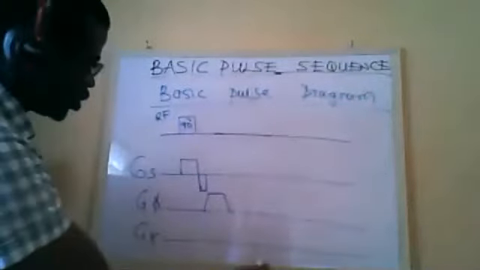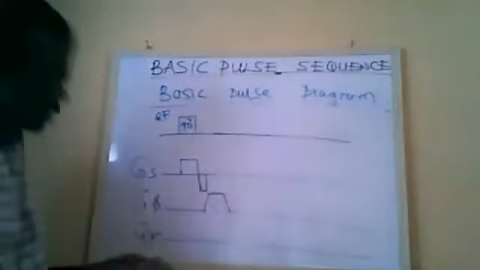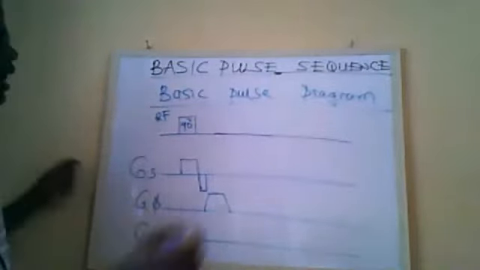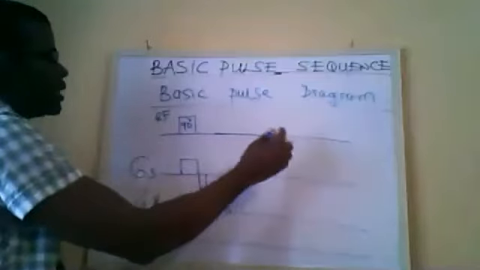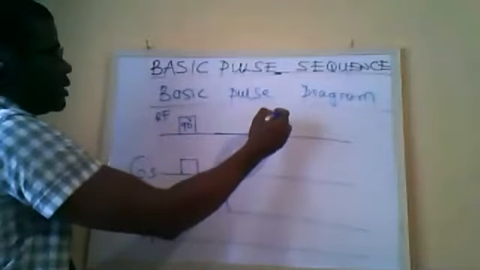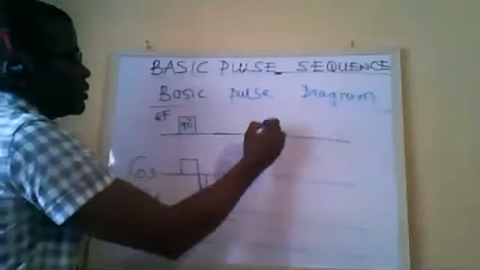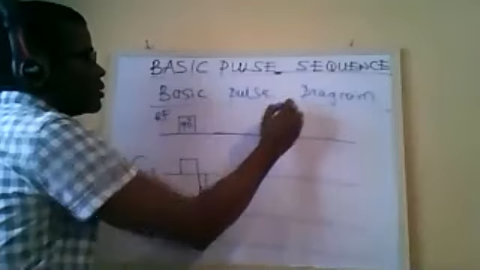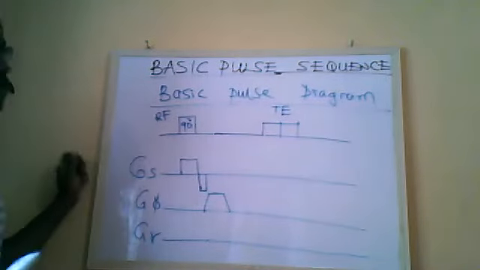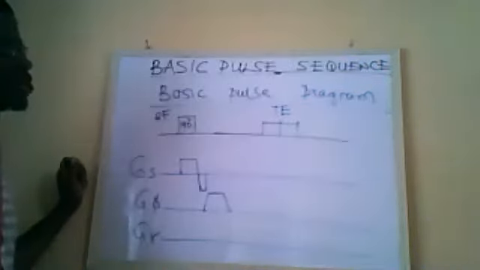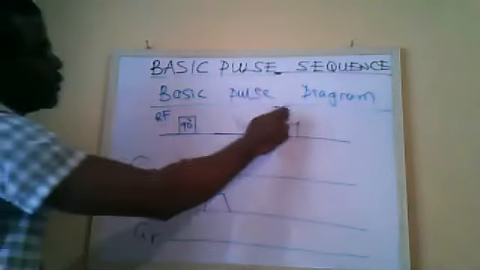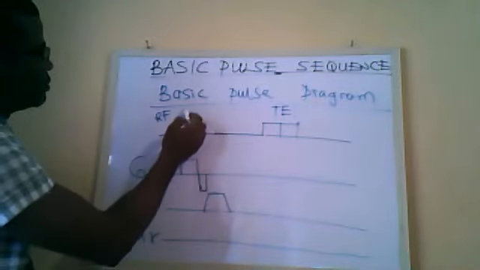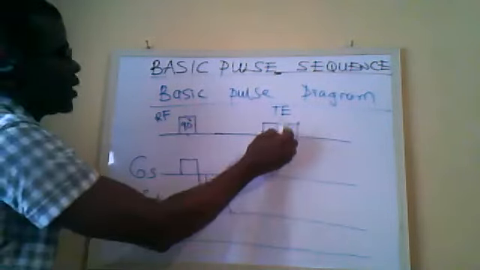So what happens? The frequency encode gradient will be turned on at the time when we want to sample the signal, which is time TE, centered on the TE. When we were briefly introducing TE, we said that TE is the time from the middle of this to when a sample is taken.